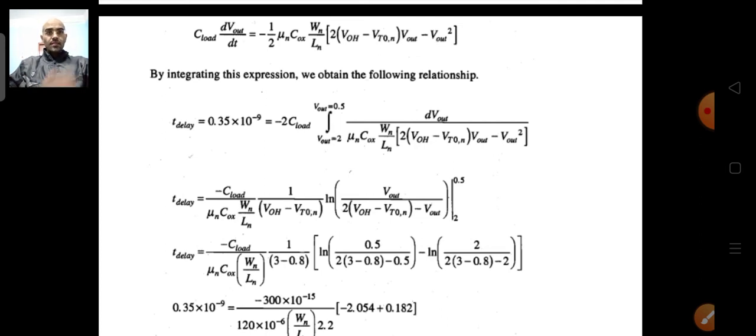Keeping this in mind, we rewrite the equation, and as the output is discharging, we write the discharge equation. We first have to find in which region our device works, because it may work in the linear region or in the saturation region.